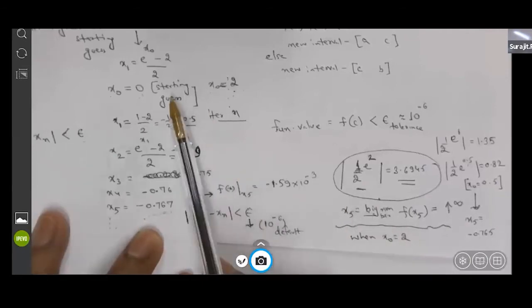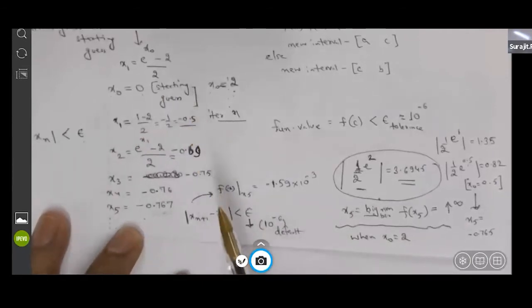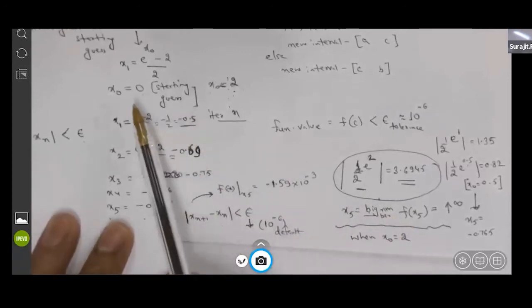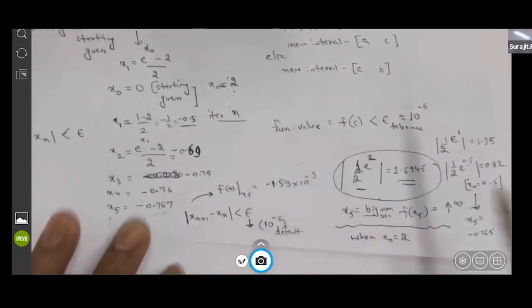So depending on the starting guess, you can have either convergence or divergence. So what is the condition? How do we know which starting guess we should choose?